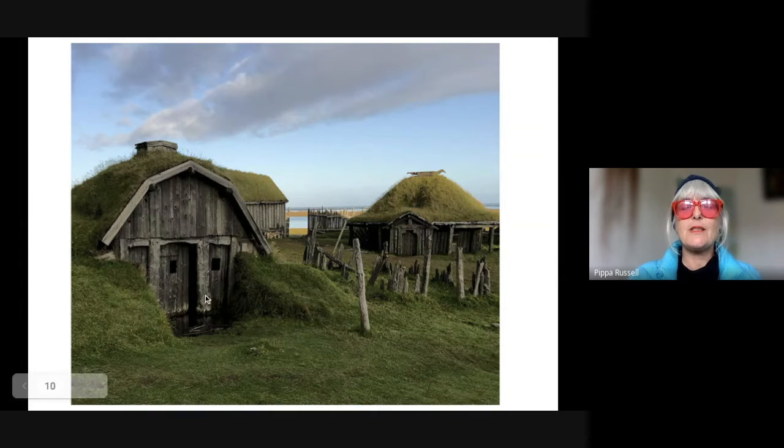And so here you see a lot of wood, and then we have their roofs made of sook. So sook is a combination of mud and grasses, and they put this on their roofs and around the outside of their houses, both to keep the houses together in the different weather elements, but also to help with insulation. And we know that a lot of people are now using the same techniques today, because it is more sustainable and better for our climate.